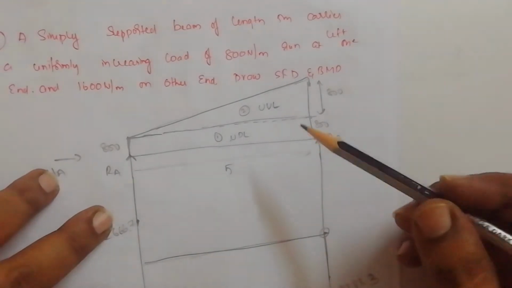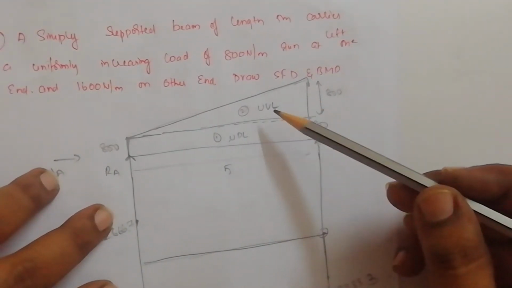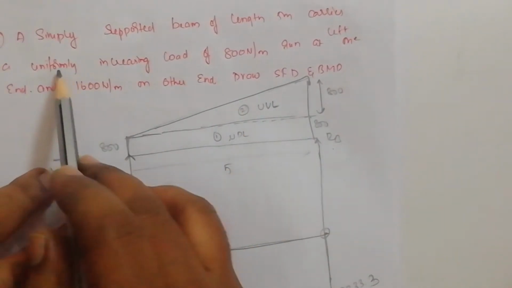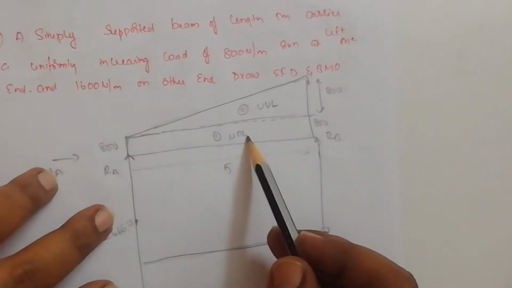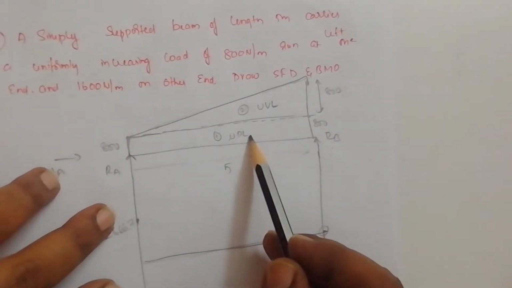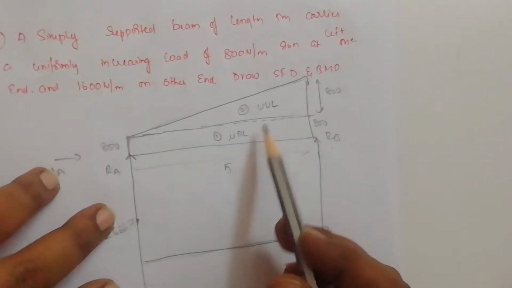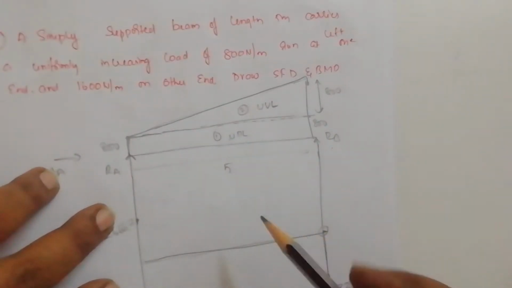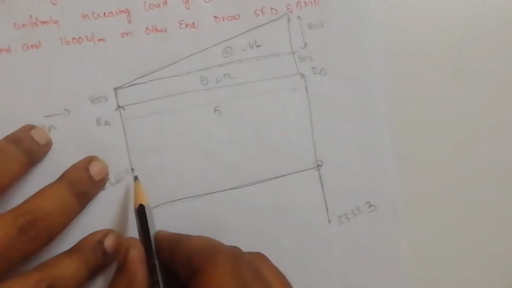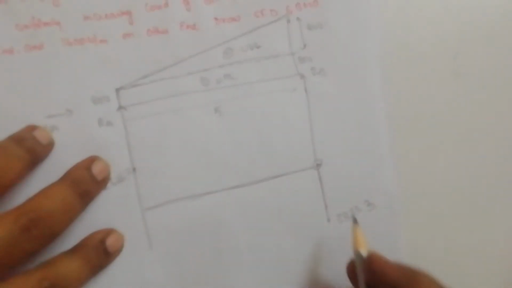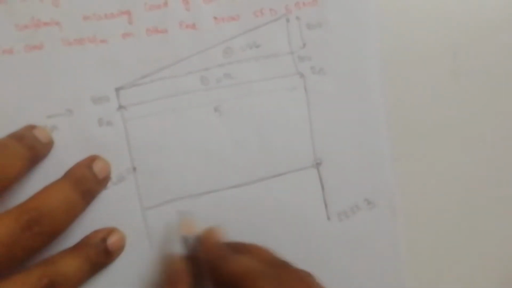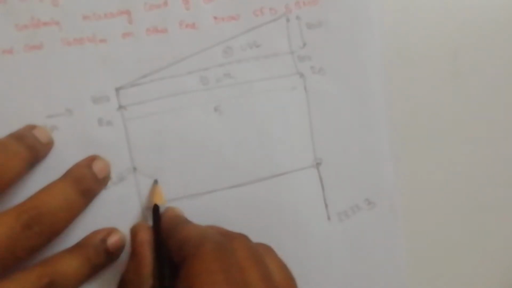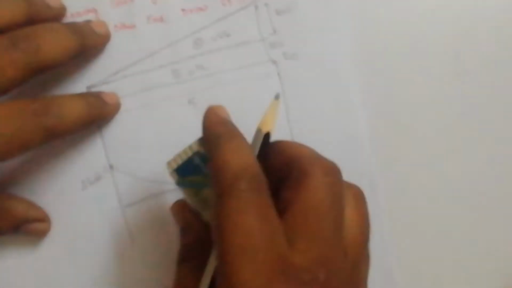We have already discussed in previous lectures that no UDL is actually there; for simplicity we considered the UDL. Or the other way, if a UVL is present, the UVL will obviously dominate the UDL. So the curve here will become parabolic. Initially this is a straight line, and from here to here it will be parabolic. Okay, I will try to draw it.